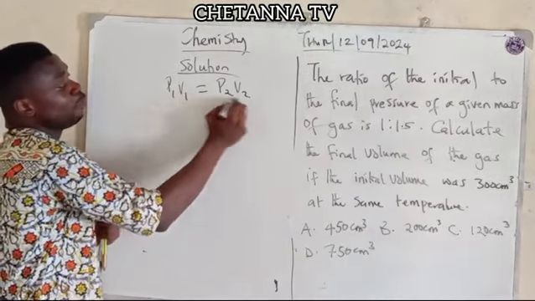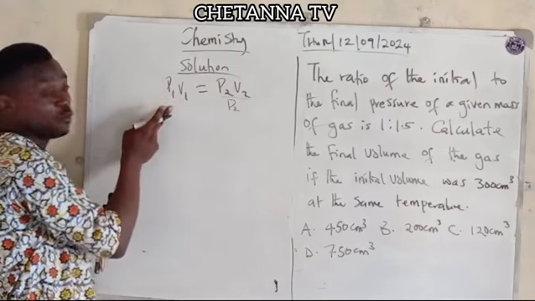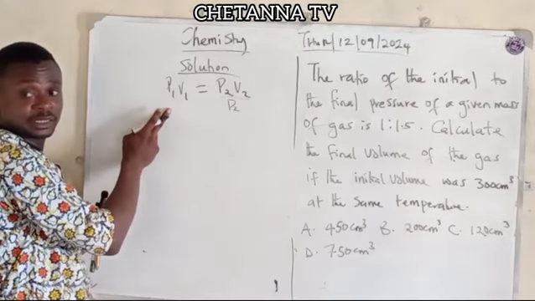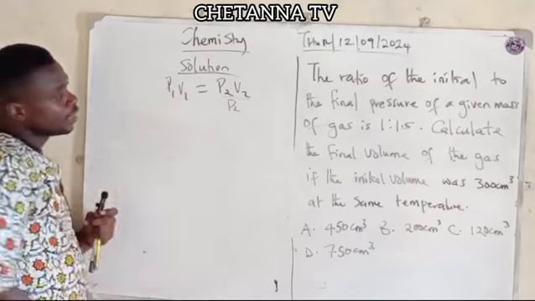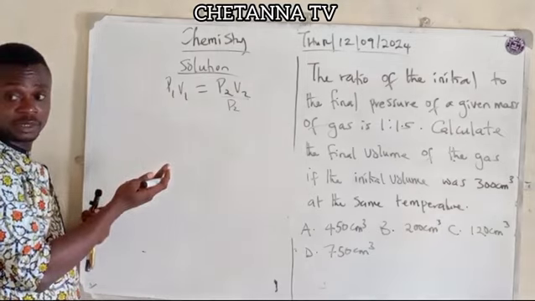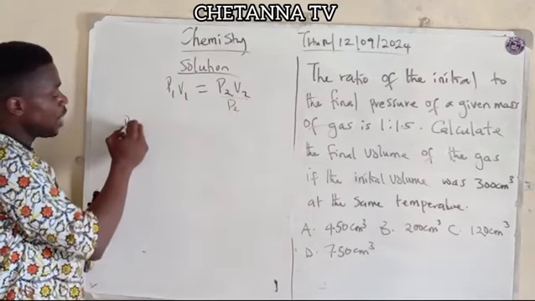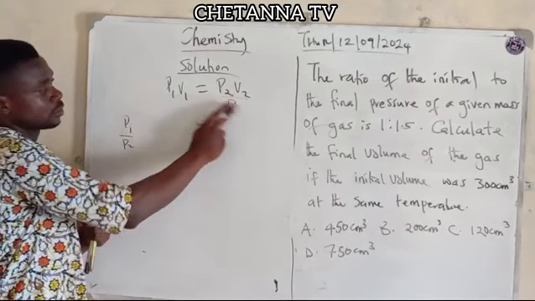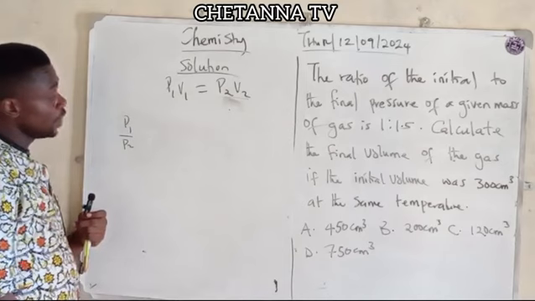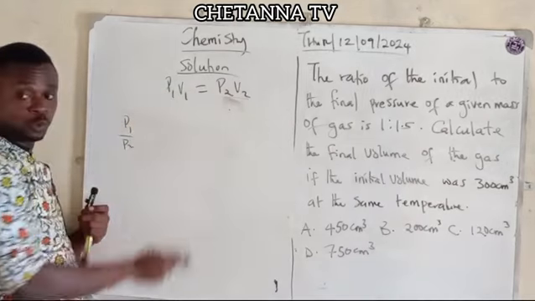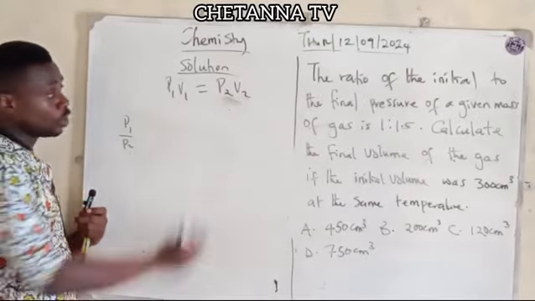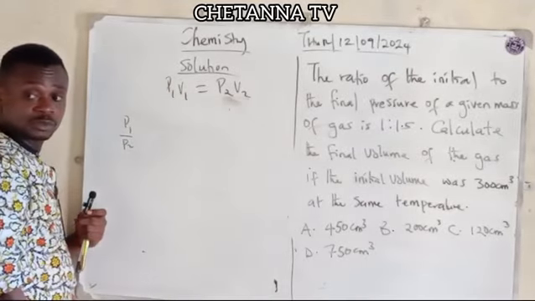So let's divide both sides by P2 so that we can move P2 here. You understand? This is simple mathematics now. We want to get P1 over P2. If you want to move P2 to be under here, what are you going to do? You divide both sides by P2.